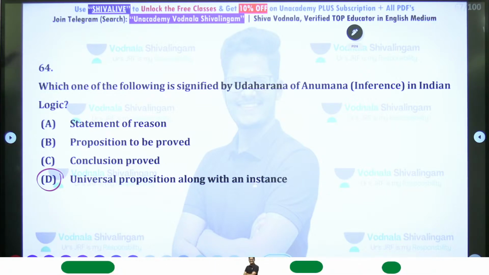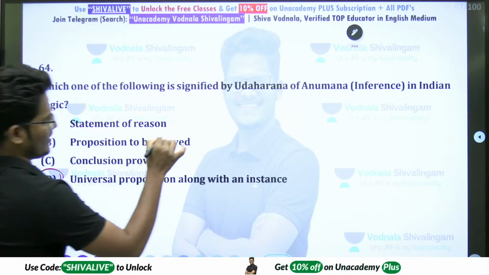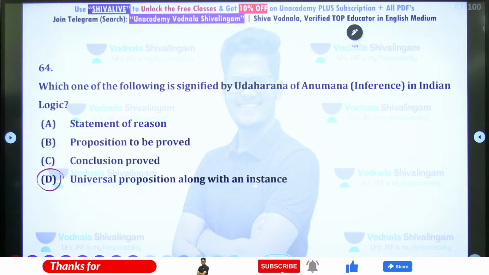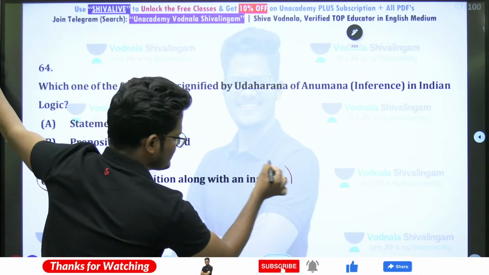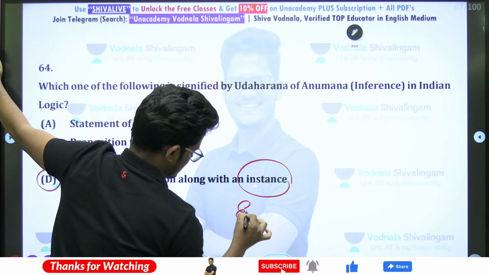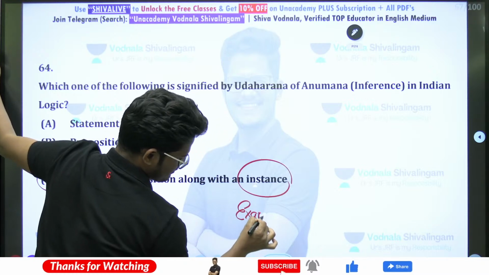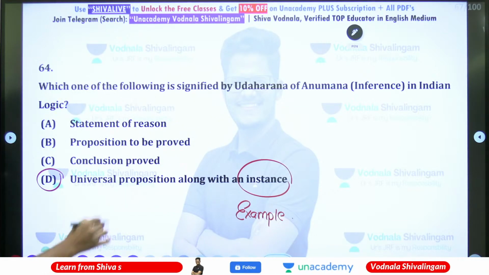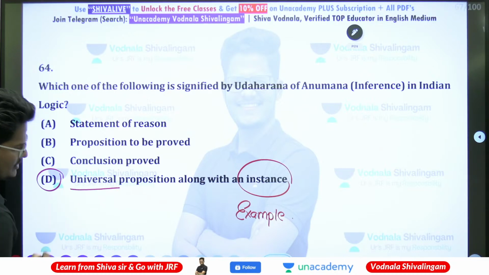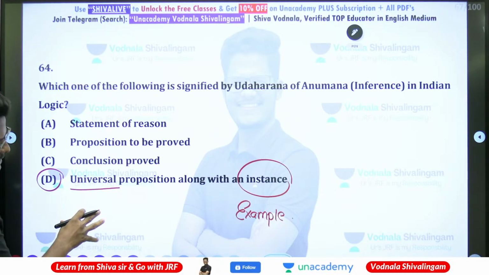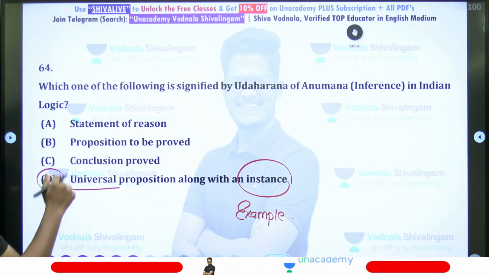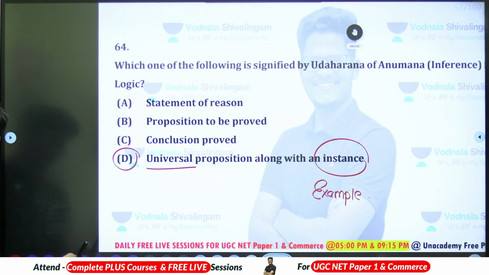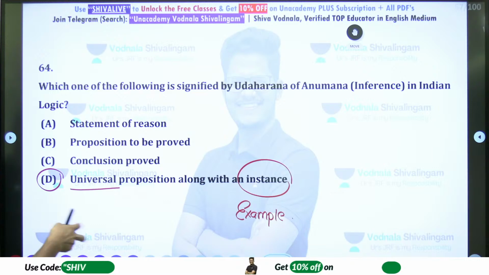Universal proposition along with an instance is signified by Udaharana of Anumana in Indian logic. This instance is nothing but an example, which is accepted universally, which is already proved universally. That is what we take as Udaharana in the Panchavayava technique.